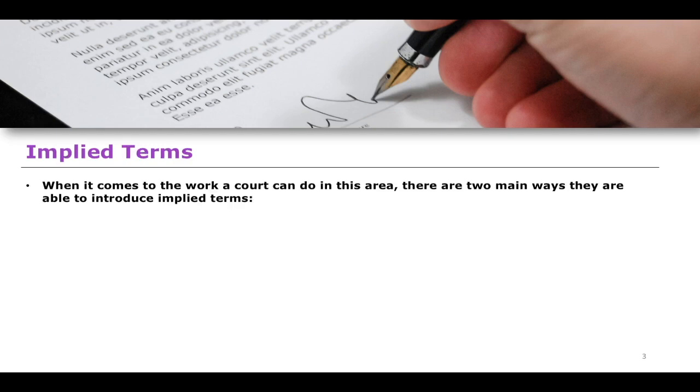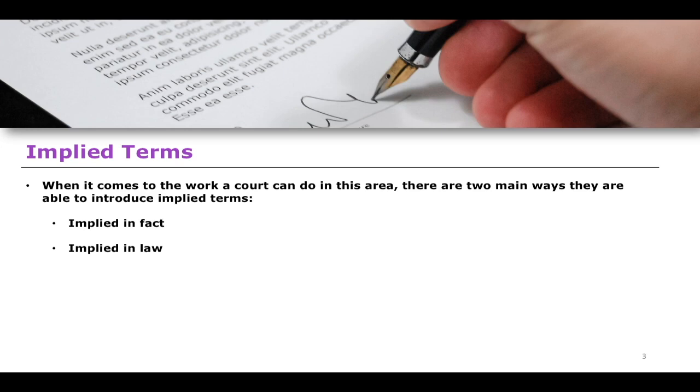So, when it comes to the work that a court can do in the area of implying a term, there are two main ways in which a court may be able to introduce implied terms into the equation. They can be implied either in fact or they can be implied in law.